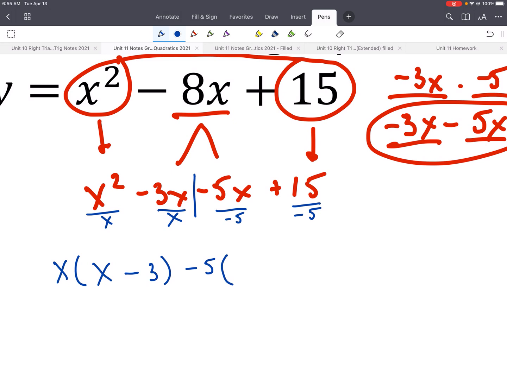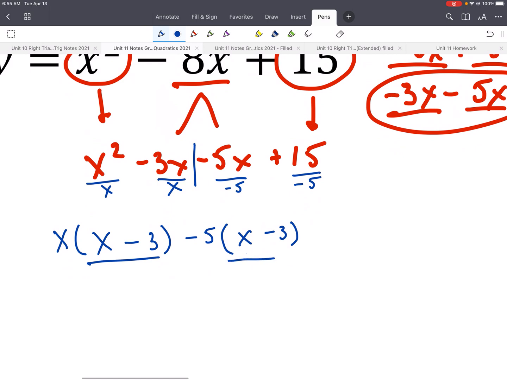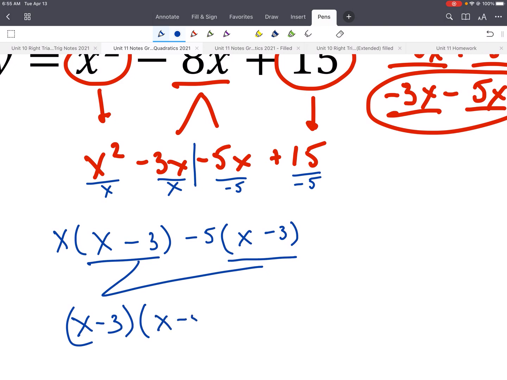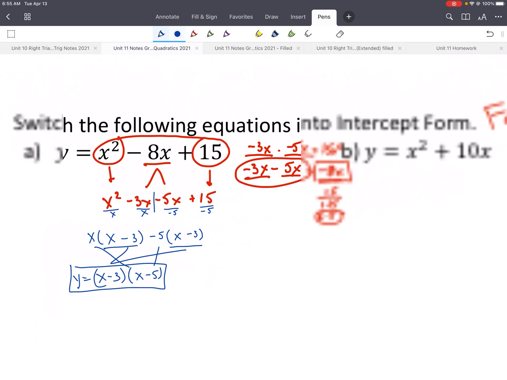So here we'd have x, and then 15 divided by negative 5, that gives us a negative 3. Again, these two need to be the same, and they are, so we can factor that out. And then what's left is the x minus 5 from here and here. Y equals, don't forget y equals an equation now, and we're set to go.